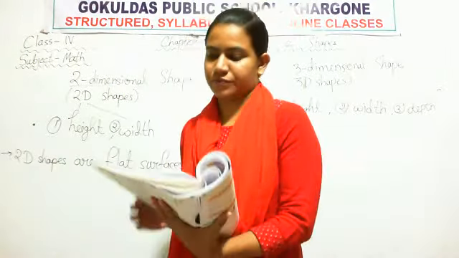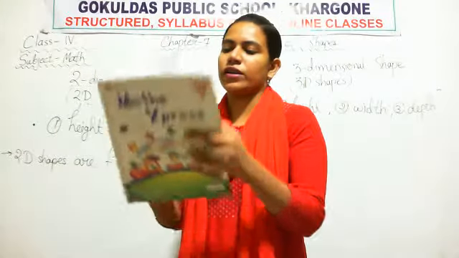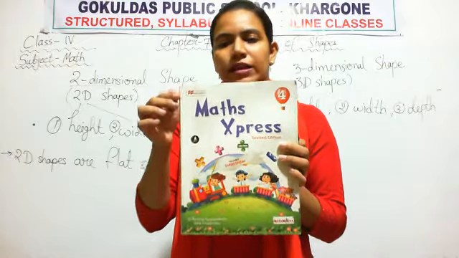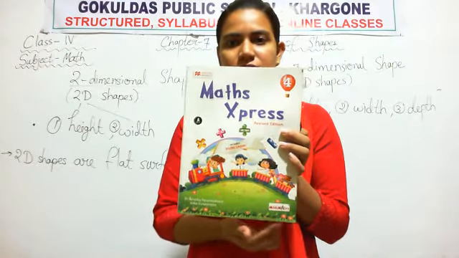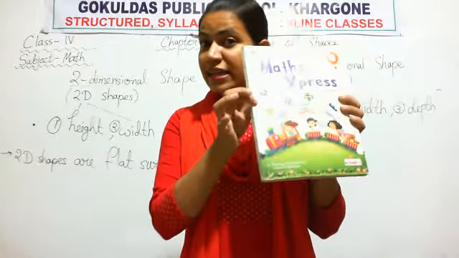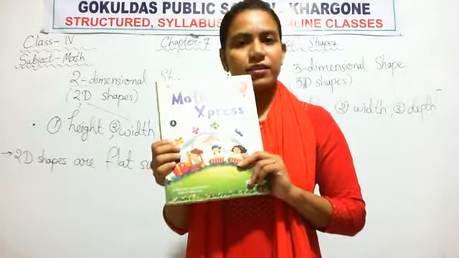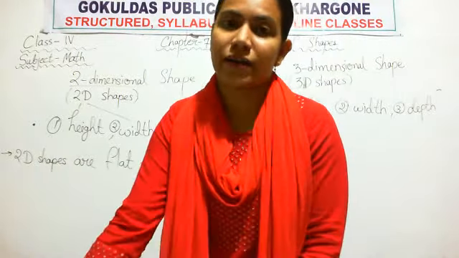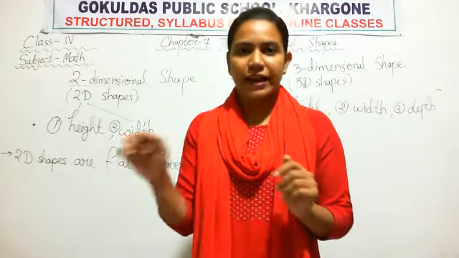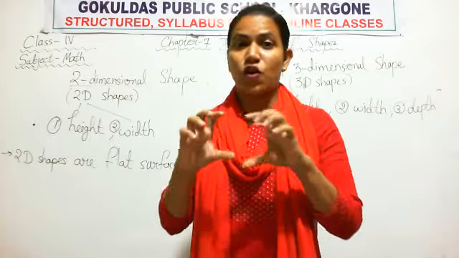Like this book, like your maths book. It is 3D. Why is it 3D? It has height, it has width and it has depth. It has thickness. It means it is a 3D shape. Your geometry box is a 3D shape. It has height, it is not flat, it is a solid.